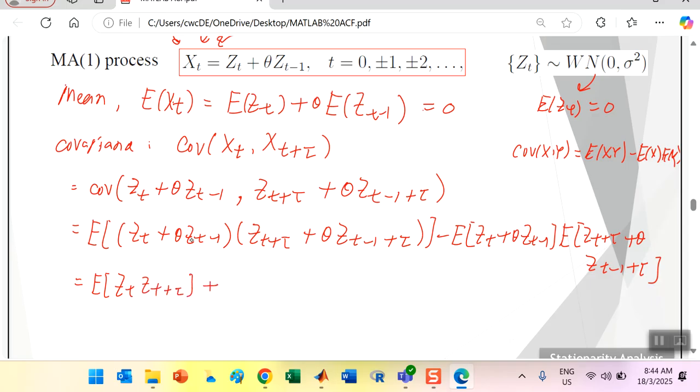Then you have theta and ZT plus tau, ZT and theta ZT minus 1 plus tau, next ZT minus 1 with theta ZT minus 1.